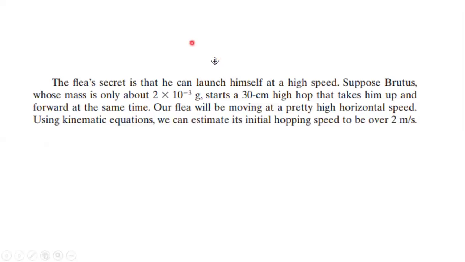In the first slide, I showed you the world's strongest flea, that image, right? The flea's secret is that he can launch himself at a high speed, which means the A value is going to be very high. When it comes to the mass, the equation is F is equal to ma.